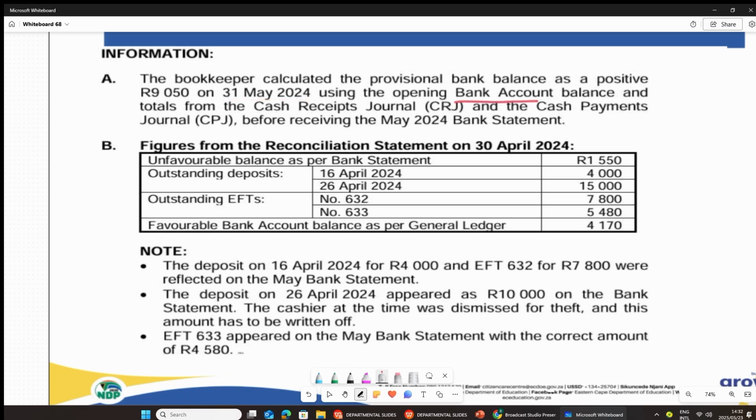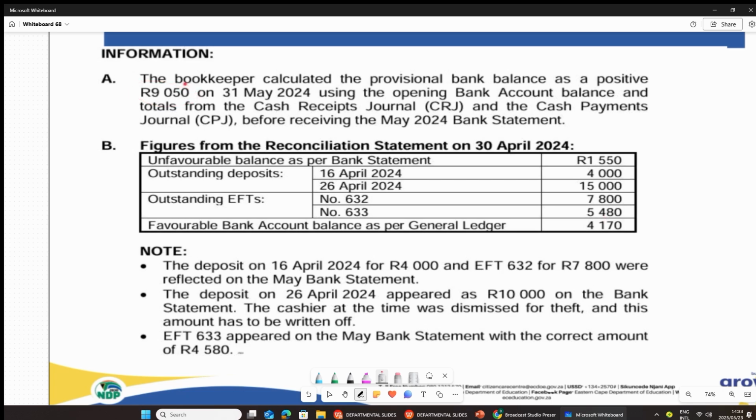The bank account balance and the totals from the CRJ and CPJ. It means they've used the previous amount, which is this amount here, this 4170, and they've used the provisional total in the CRJ, the provisional total in the CPJ. They added and subtracted those three amounts, and they came to an amount of 9,050 Rand.